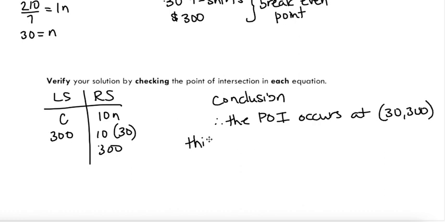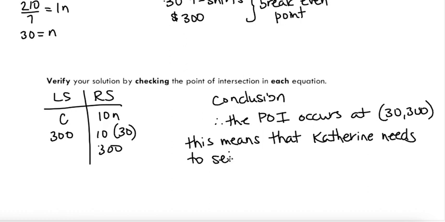This means that Catherine needs to sell 30 t-shirts in order to break even.